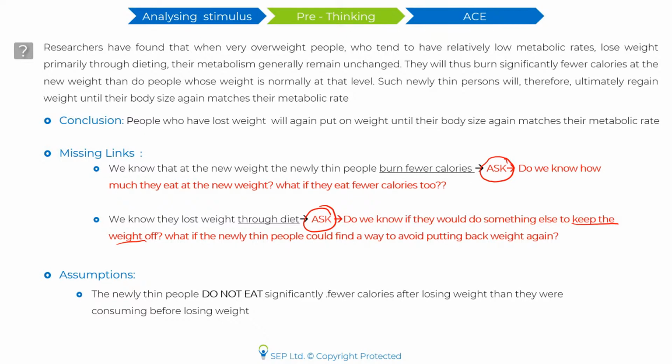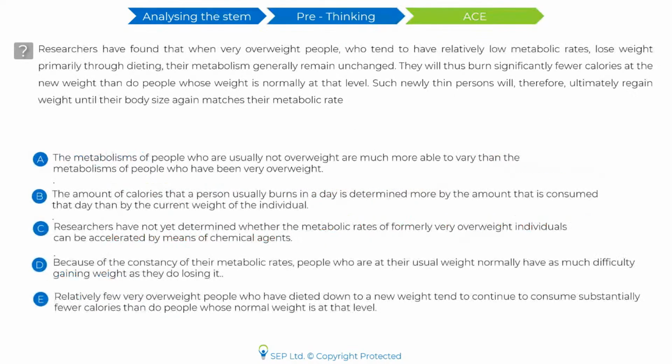If we were told that they do not eat fewer but burn fewer, then they definitely would put on weight. And we are also assuming that they are not going to do anything else apart from that diet to avoid putting back the lost weight. So these are the two assumptions, and with this, we're going to move forward.